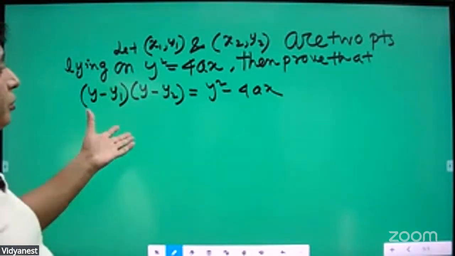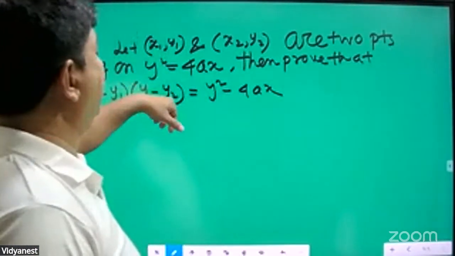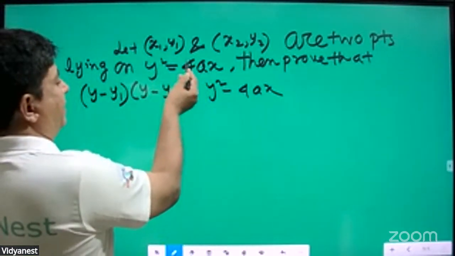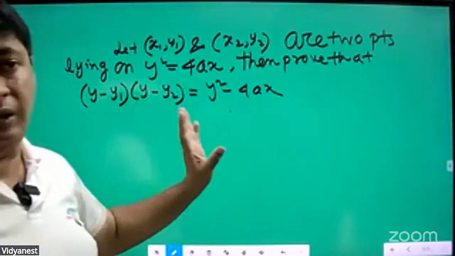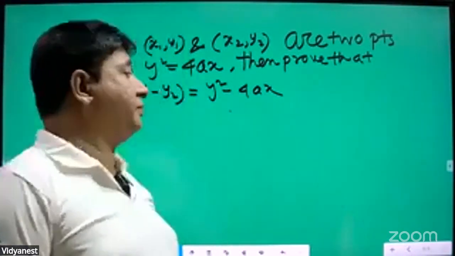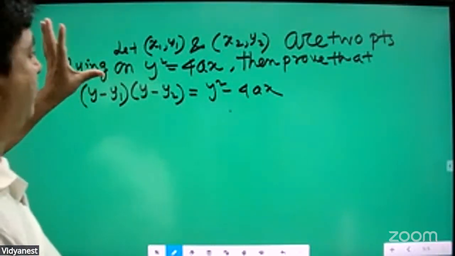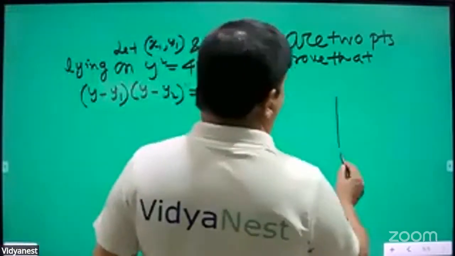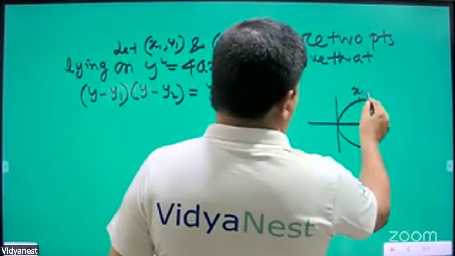So those who do not know the trick, they will do what? They will drag 4x to the left hand side and put 0. No, that is not the proper method. See, we will proceed according to the basic concept. See, there is the parabola. There is the point x1, y1, you say.